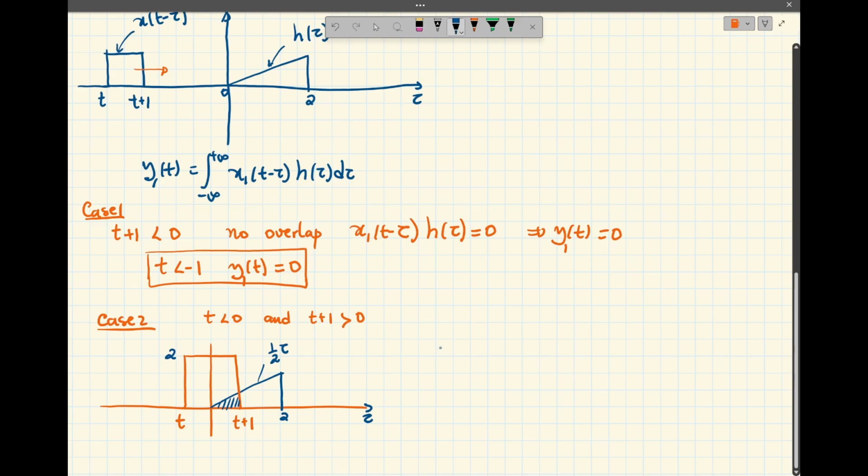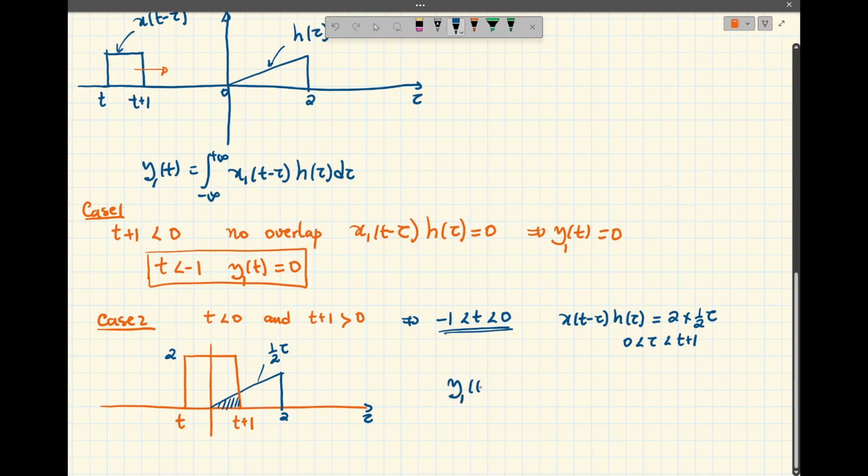So in this case, we have -1 less than t less than 0, and x of t minus tau times h of tau is equal to 2 times 1/2 of tau when tau is between 0 and t plus 1.